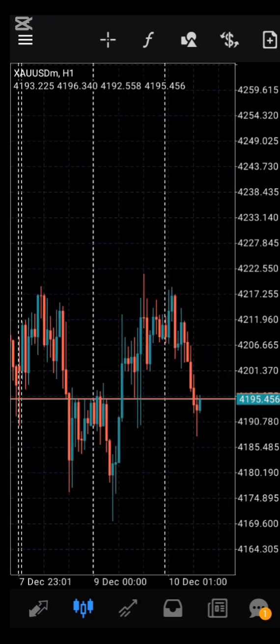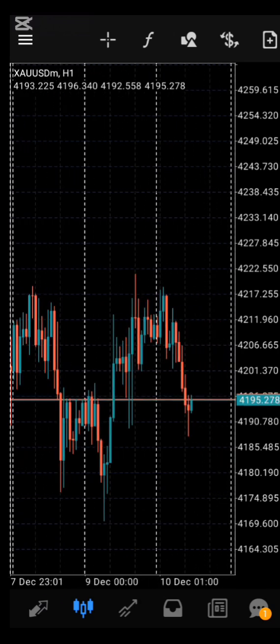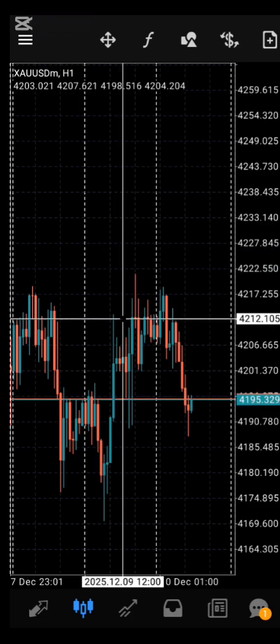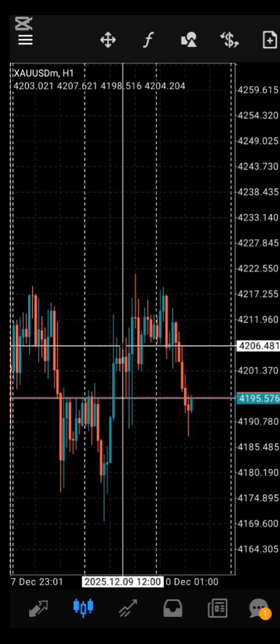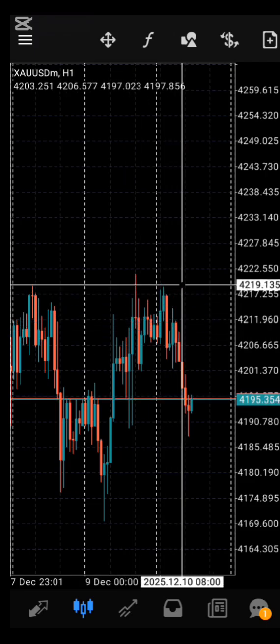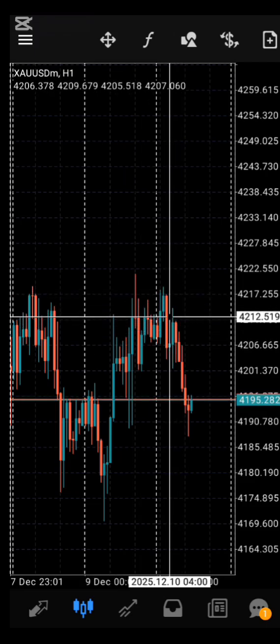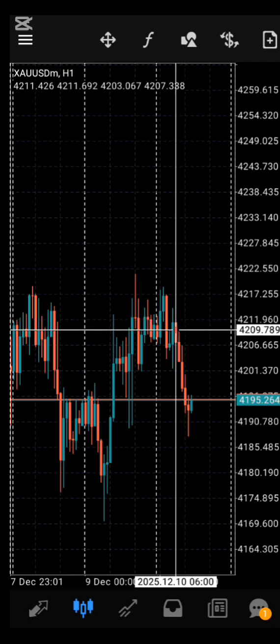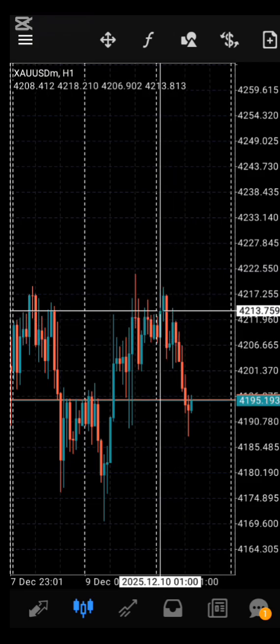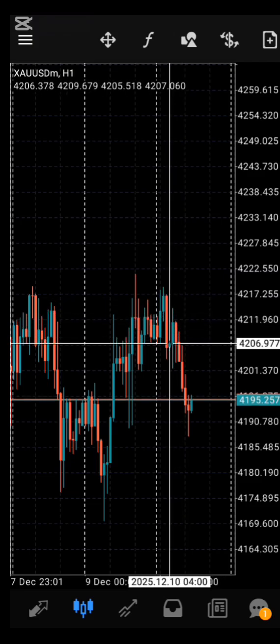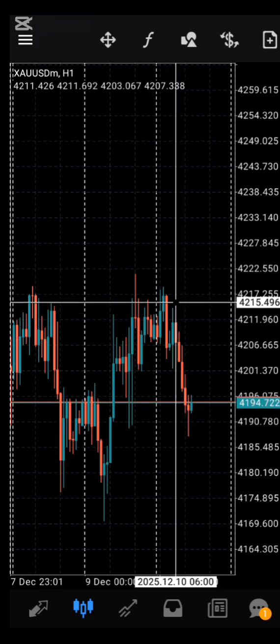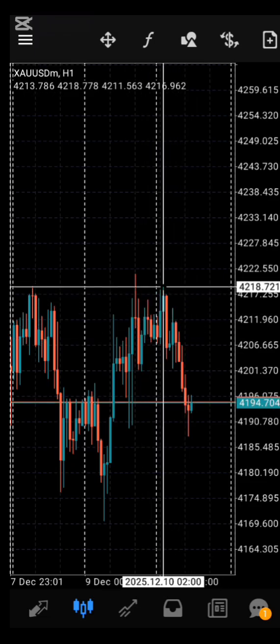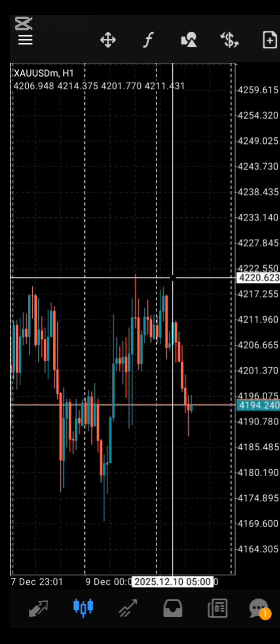On the chart, you see it opened at 4193, just like it is here. You see where price opened. It will show you how it started. As I'm moving the cursor around, you can see each price on the chart is changing. That's the function of open, high, low, and close.